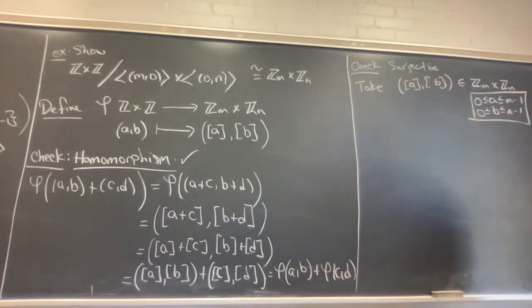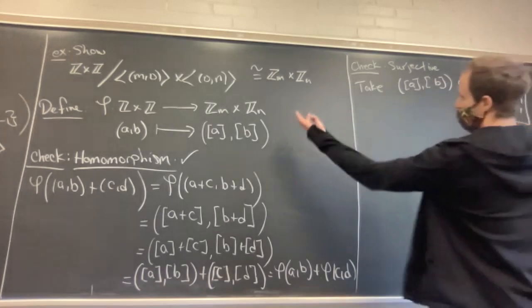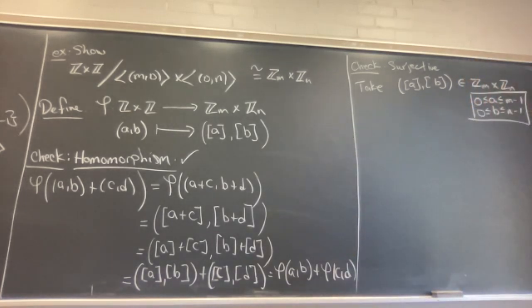We don't need any larger numbers because we're in Zm and Zn. And once you get to the point where you're at m, you're back at 0. m plus 1, you're back at 1. But now, just by this definition over here, we clearly have a pre-image.